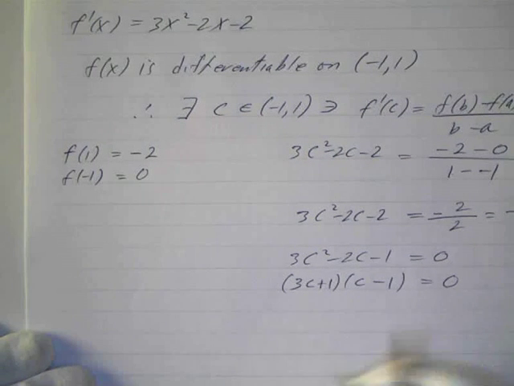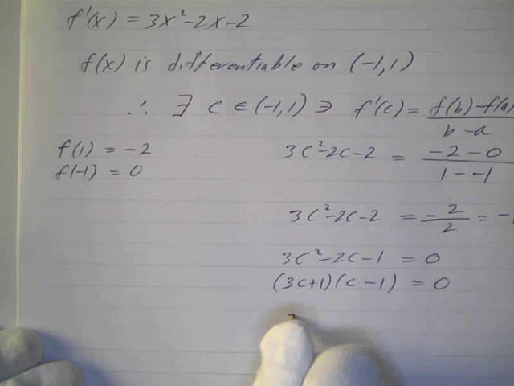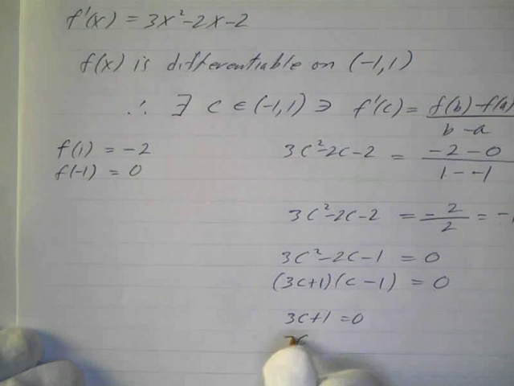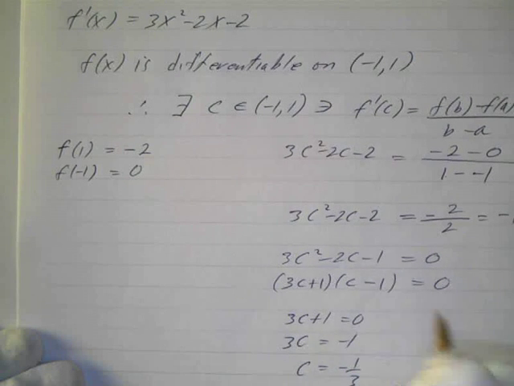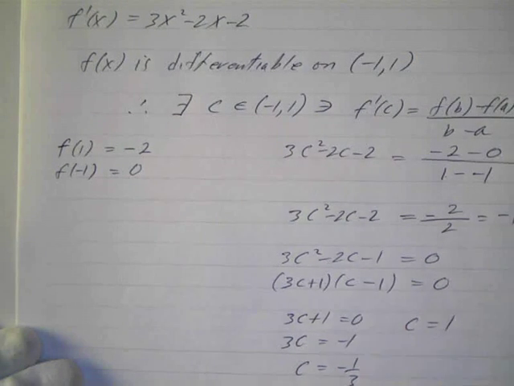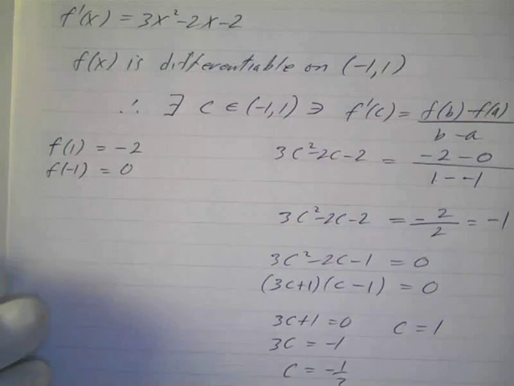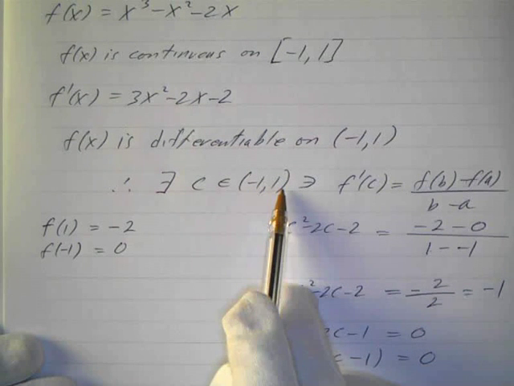So we have two possibilities here. 3c plus 1 equals 0, 3c equals -1, c equals -1/3, or c equals 1. Now we're looking for the open interval, so it has to be between -1 and 1.